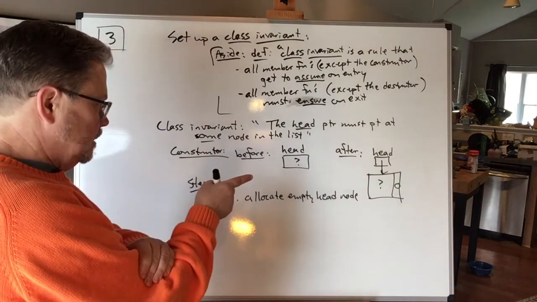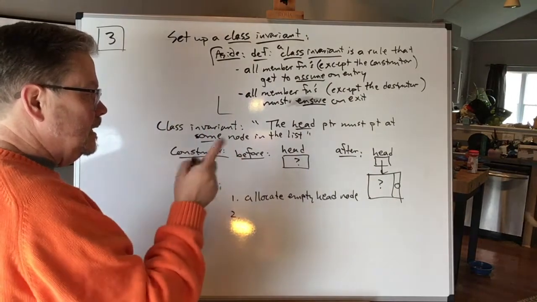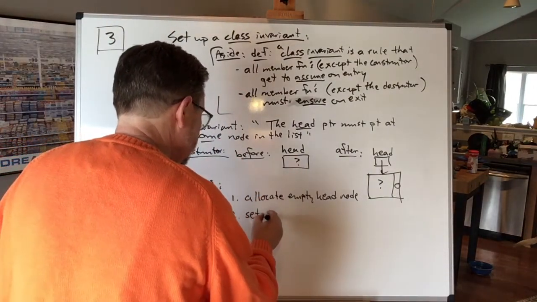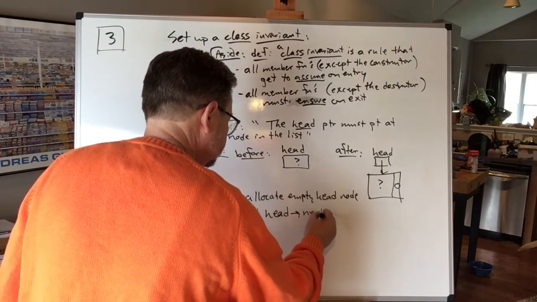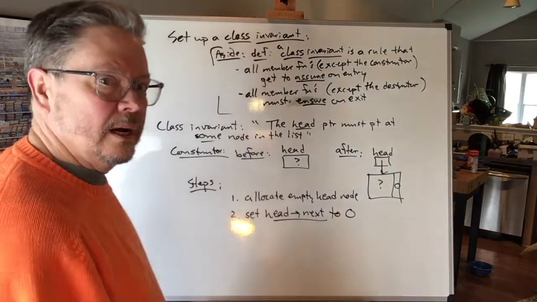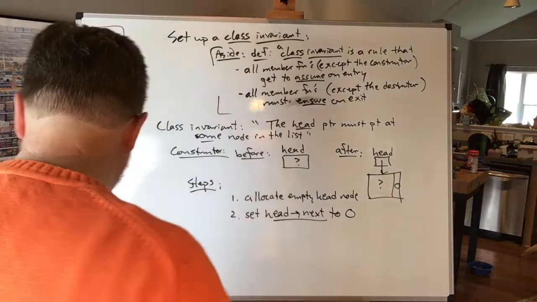Well, I don't have any data to put in there, but I do need to set head arrow next to 0, because that doesn't happen automatically. So we have a way to automatically test and see when we're at the end of this list.